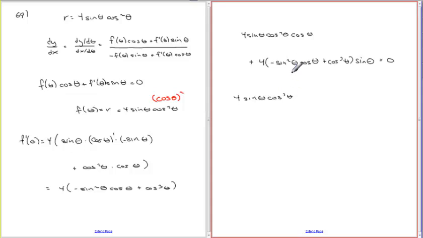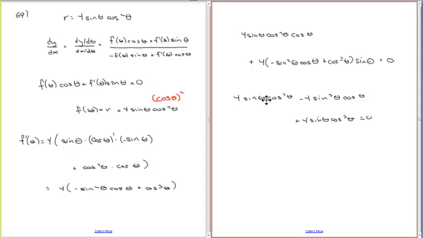This term becomes negative 4 sine squared θ cosine θ times sine θ, so we have sine cubed θ, since sine squared times sine is sine cubed, and then the cosine of θ. And then we have plus 4 times that term, which is sine θ cosine cubed θ, equals 0.